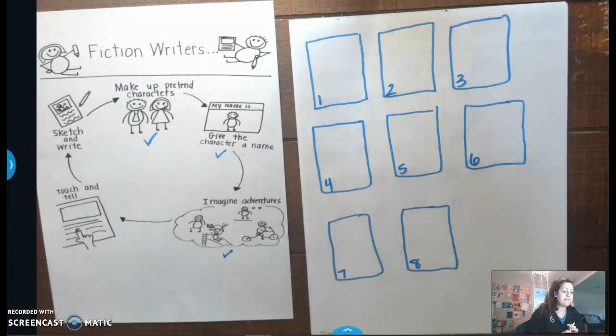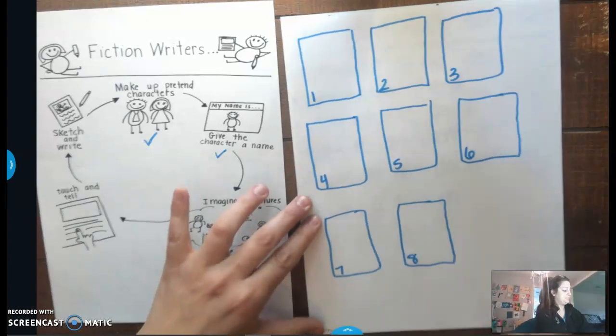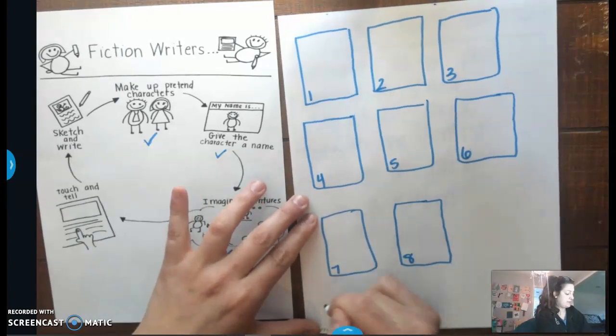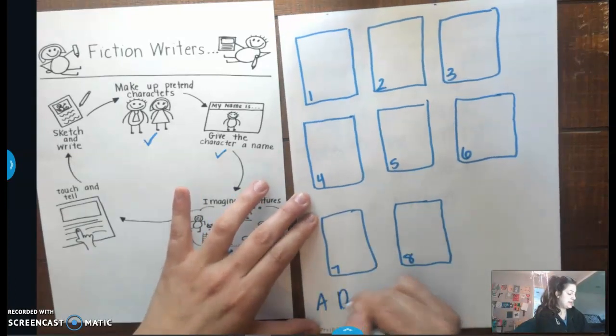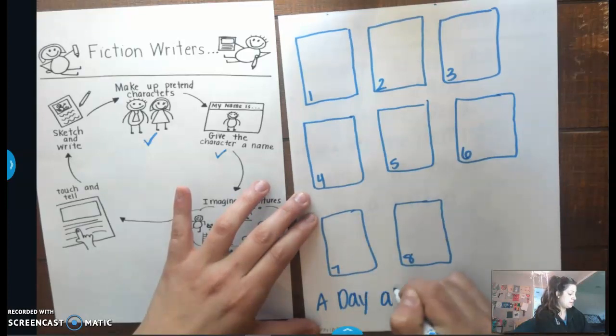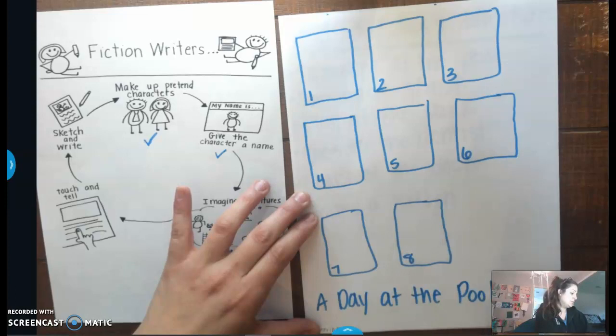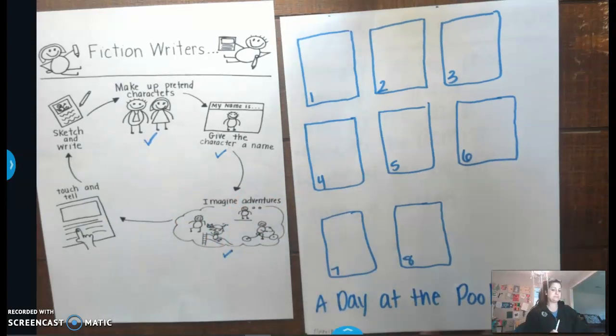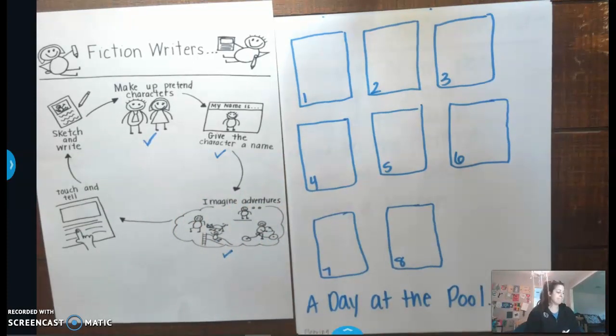I'm going to write about the time that Hudson and Ava went to the pool. So we're going to give our title. I'm just going to write it down here. A day at the pool. Okay.